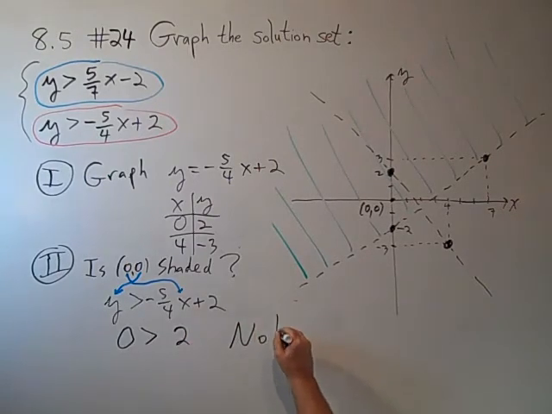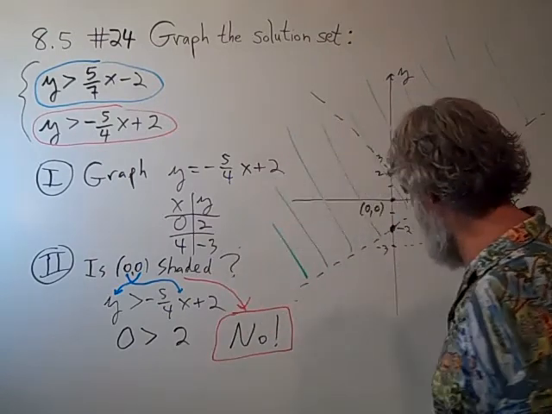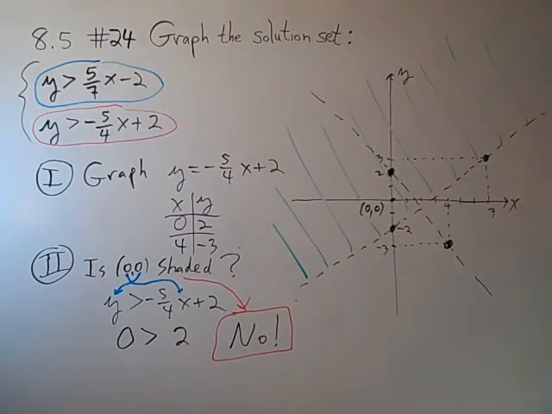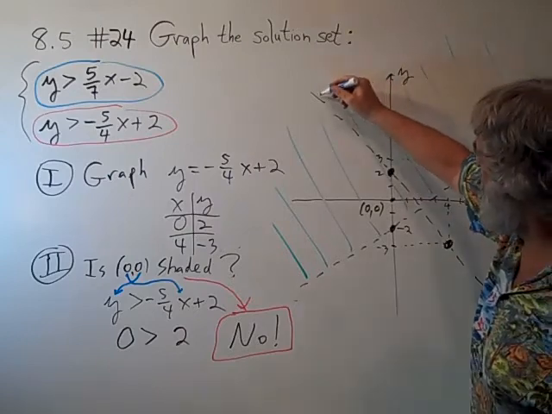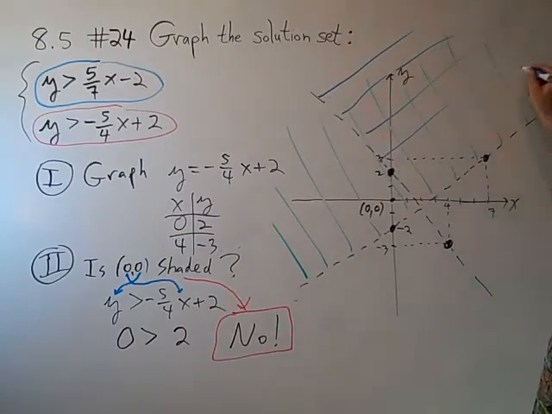No. This time it's false. The origin is not on the shady side of this line. It's the other side of the line that's shaded, so it's everything up here that gets shaded.